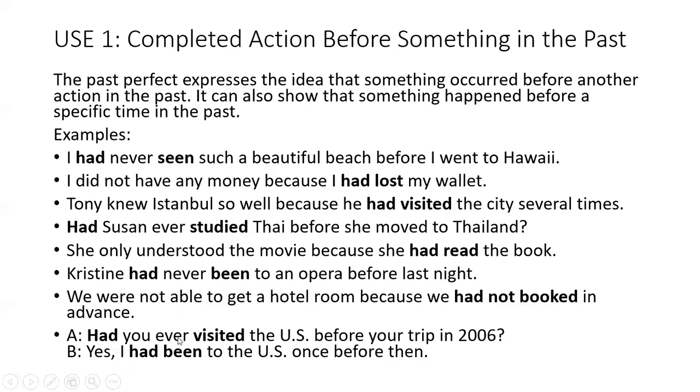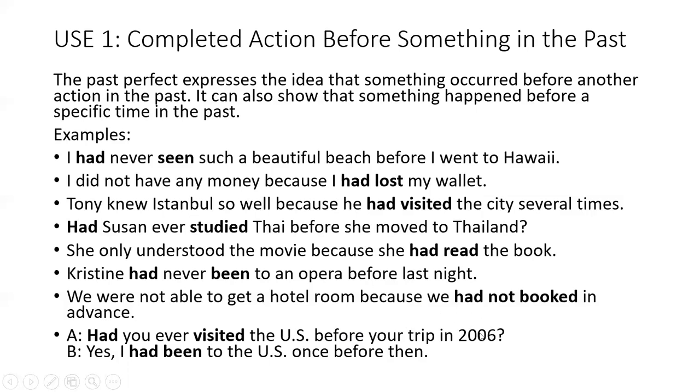Finally, had you ever visited the US before your trip in 2006? Notice, in 2006, as an expression, alone is a specific point in the past, and if it's used alone, we would use the simple past verb with it. But here it says before 2006.